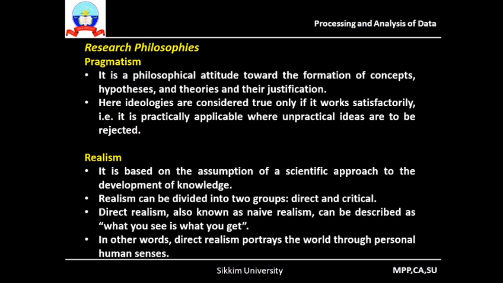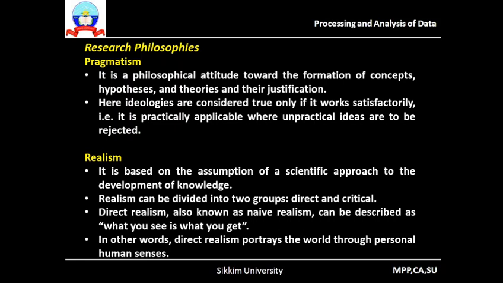Realism research philosophy is based on assumption of scientific approaches to the conception and development of knowledge. Realism can be of two different types. These are direct realism and critical realism. Direct realism, which is also known as naive realism, can be expressed with the help of a phrase: what you see is what you get.